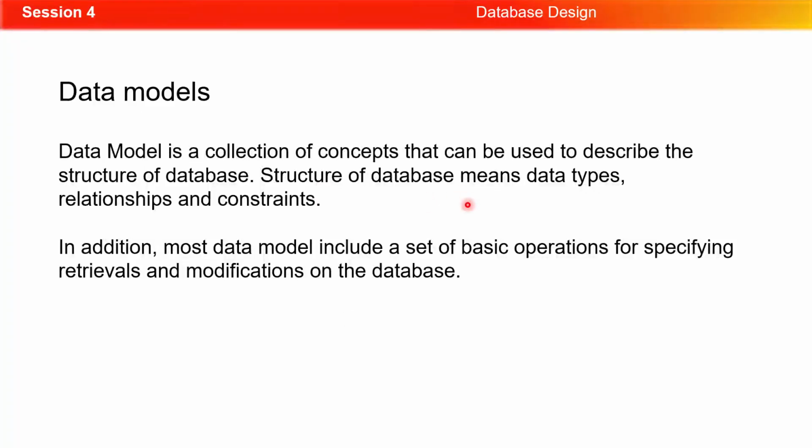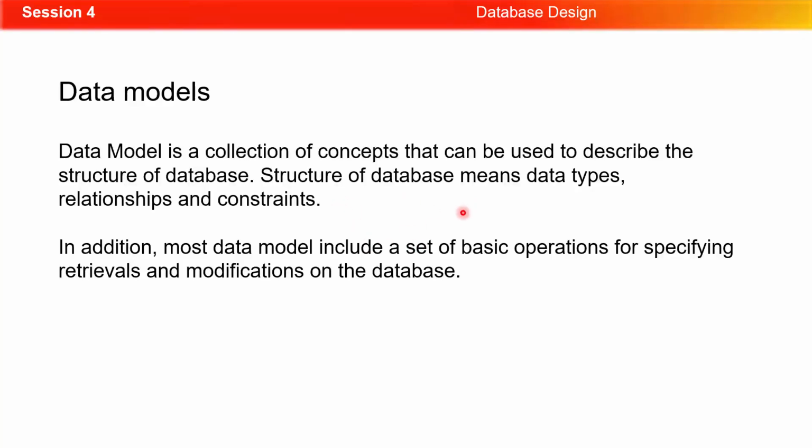A data model is, just like the name implies, a model of the system or the business that we are trying to track. Like all models, it is a simplification of the entities, capturing just the data that we need.